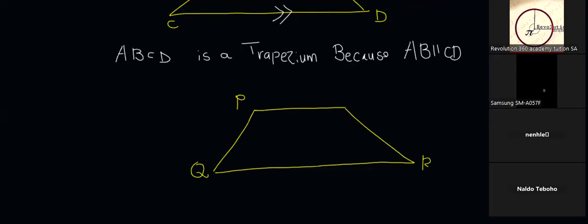The other thing that you must not forget is that these two sides are gonna be equal in length. This side is equal to that side. And then this one, I'm gonna say P, Q, R, S. PQRS is an isosceles trapezium.